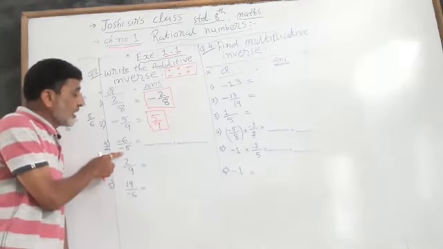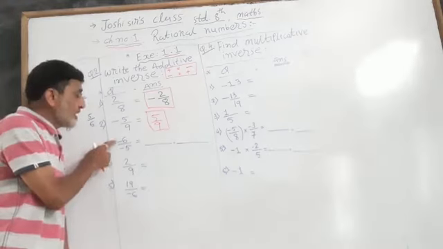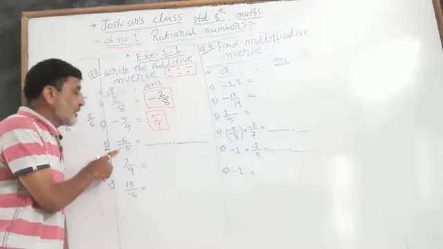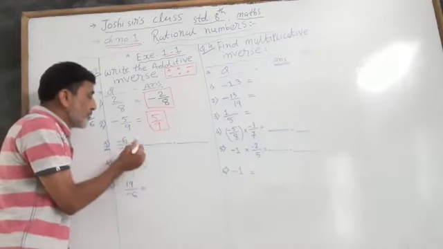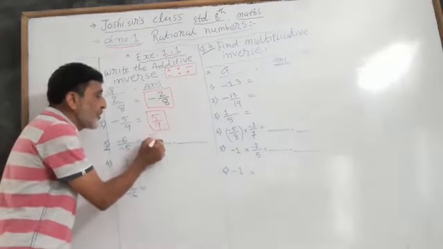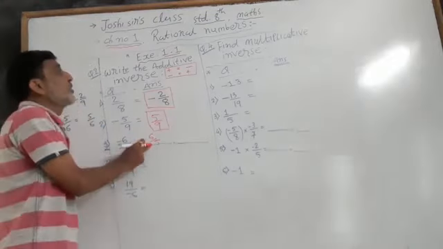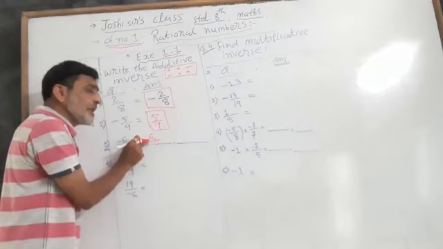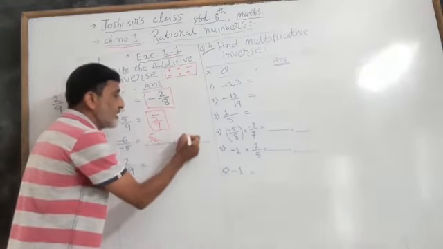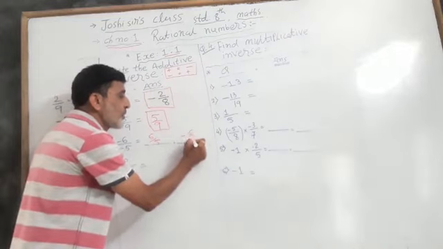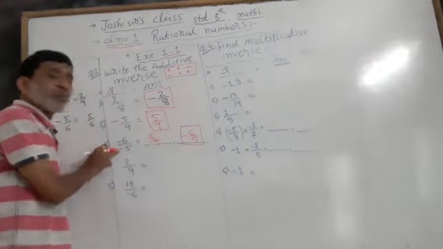See here, both numbers are minus. That means minus minus is plus. That means minus 6/-5 means 6/5. Now we will change this number into additive inverse. So the given number here is plus, so the answer will be minus 6/5. This is the last and final answer for this question.